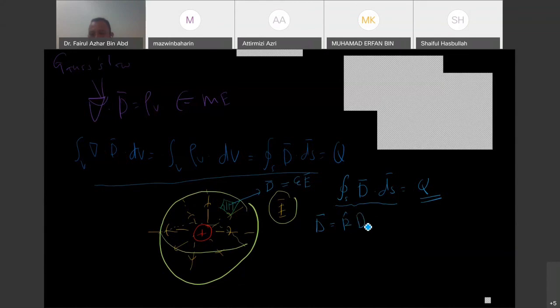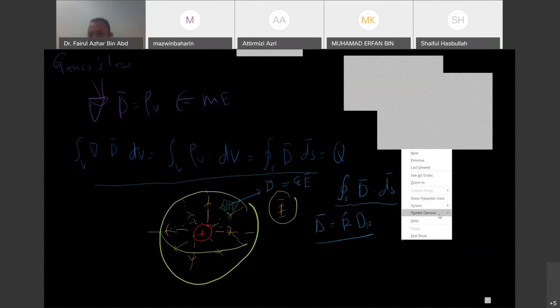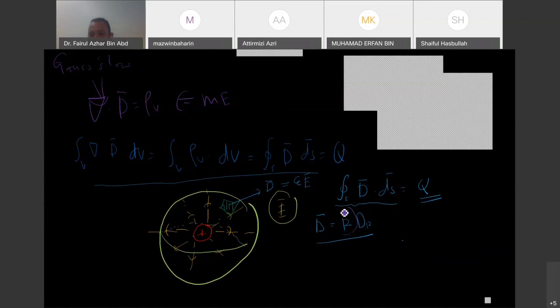This refers to the shape of the electric field being spherical, which is why we are using components of the spherical coordinate system. Then later on we can find the solution based on this equation.